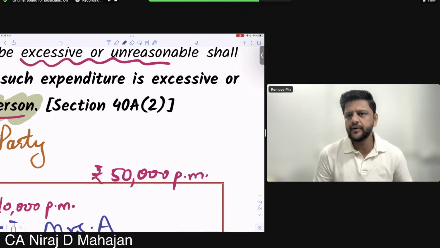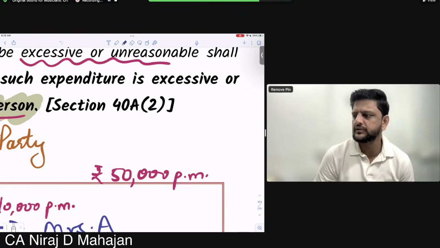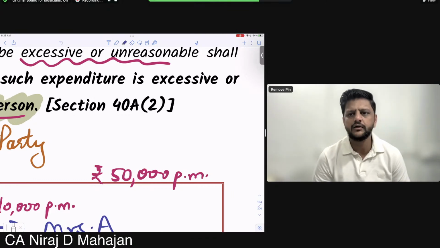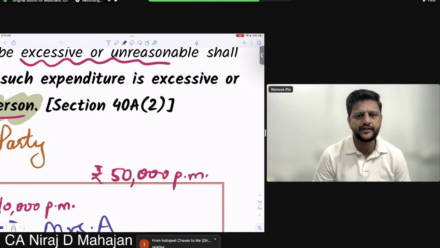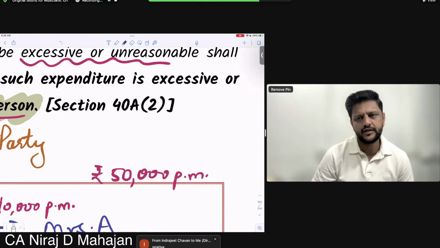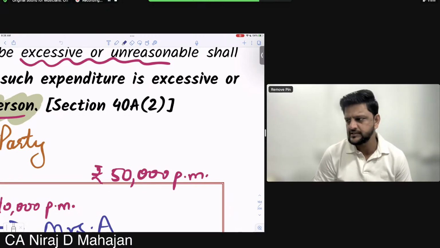It is first of all payment made to a specified person. Specified person, bacho, is a concept from income tax. But for your simple understanding, what have I told you? It is like a related party, a connected party. Clear to all of you? So basically there is influence or not?